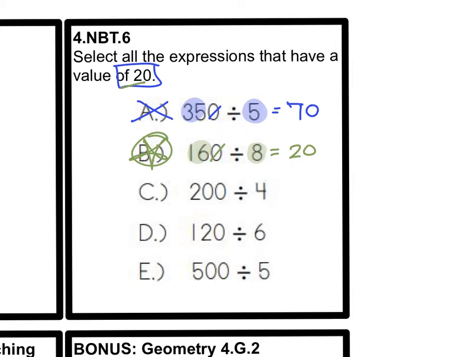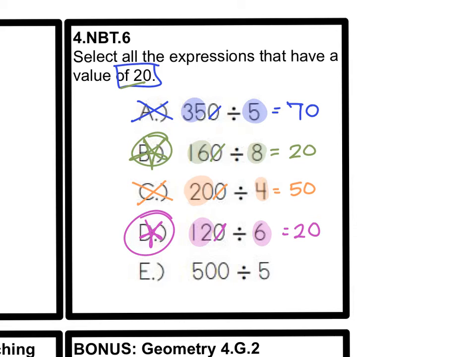For C, and I know we've talked about this before, this is not 2 divided by 4 because that would give me a half. This is actually 20 divided by 4 with a zero. So 20 divided by 4 is 5, with 1 zero at the end is 50. Not the droid we're looking for. The next one I have is 12 divided by 6 with 1 zero at the end. 12 divided by 6 is going to give me 2, with 1 zero at the end is going to give me 20.